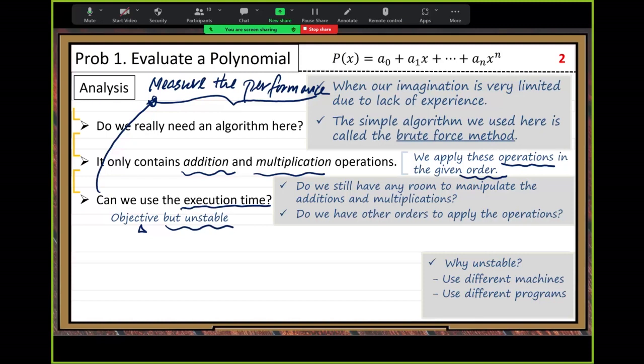When programmers write the implementation of the same algorithm, experienced programmers can write the code very efficiently. But programmers without much experience may not do the implementation efficiently.